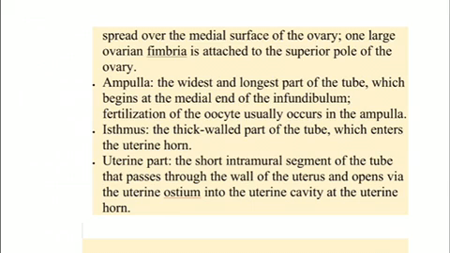Then, of course, you have the uterine part of the uterine tube. This is the short intramural segment that passes through the wall of the uterus and opens via the uterine ostium into the uterine cavity. This opening is at the uterine horn.